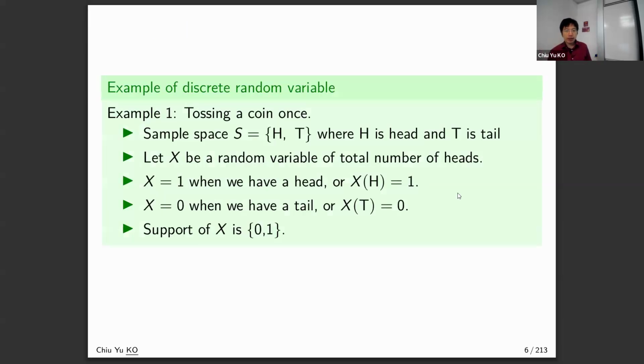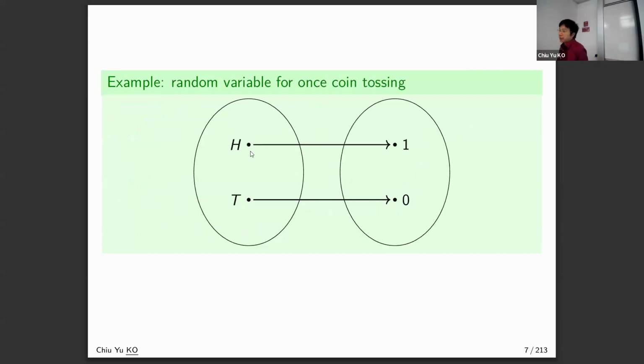And just to remind you, the very old example: we tossed a coin once, and it can be head or tail. We are not interested in the exact outcome, but the number of heads. That means the number of heads is the thing we care about, instead of simply head or tail.